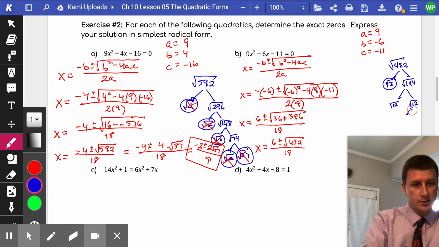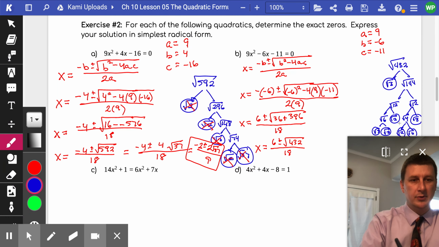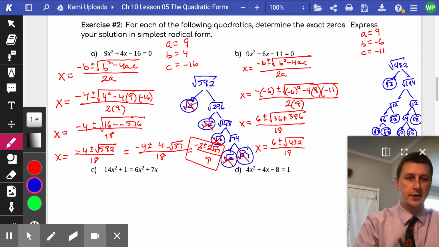Okay, 12, you could choose multiple things. You could choose 6 and 2, or you could choose 4 and 3. Either way will get you to the same answer. And finally, 6 will be the square root of 3 times the square root of 2, circle, circle, and the square root of 4 is 2 and 2. So again, this is my prime factor tree for 432.